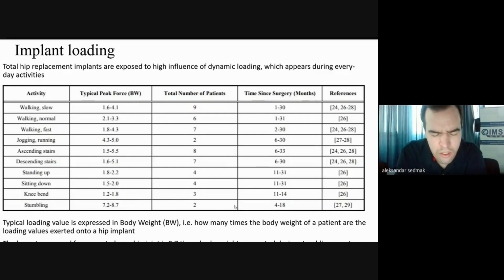In this application, scientists use load expressed in body weight. In the case of stumbling, where you see on the lowest row, stumbling makes 8.7 times the body weight of a patient. So you just multiply it by the patient's body weight and the gravity constant, and that's the force you have for that case on that implant.